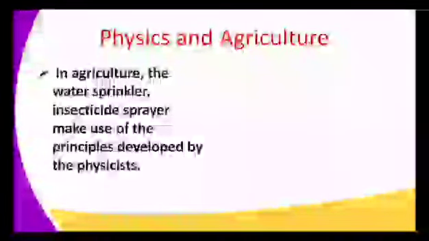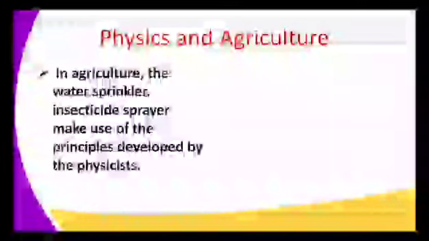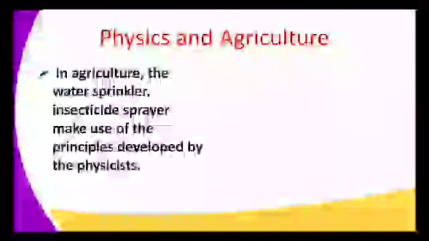So the speed with which water leaves the sprinkler or a sprayer here will be determined by the pressure that you are applying, and that also determines the size of the water droplets that are going to come out, so that it can work properly.